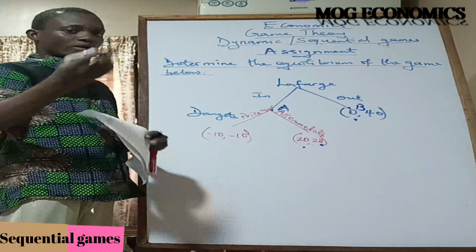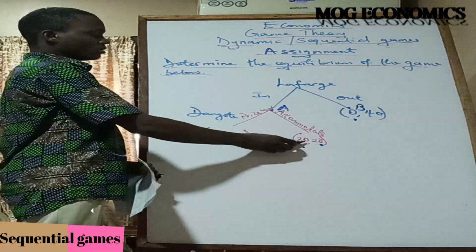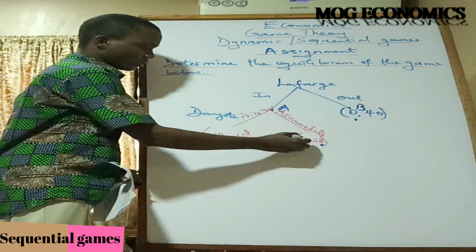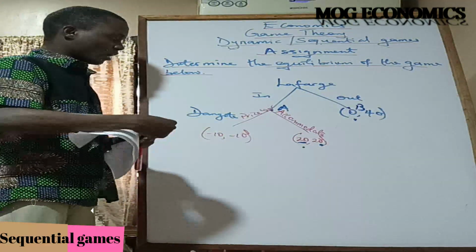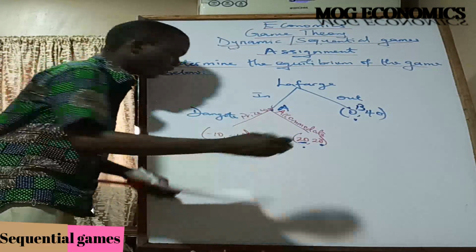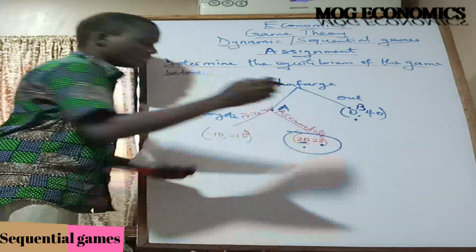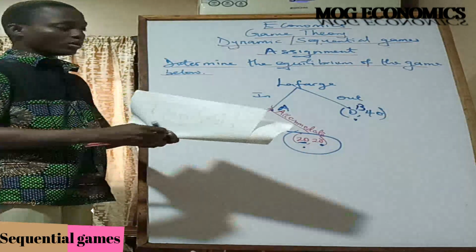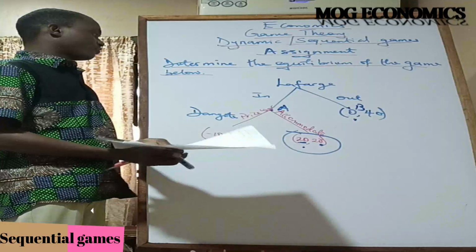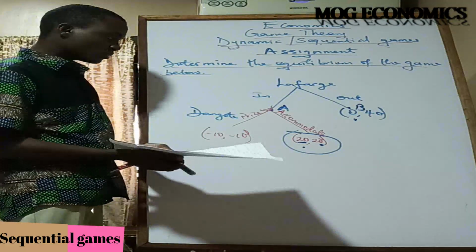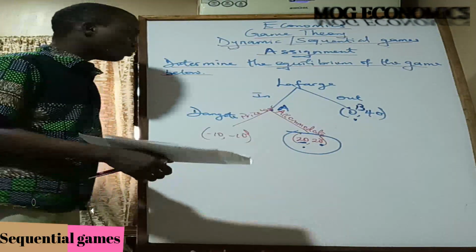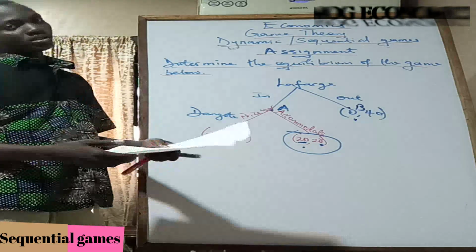So look at it overall. Which one is better? 20 is better than 0, so 20 here. And that is why this whole thing is the equilibrium. The equilibrium is occurring where Lafarge is coming in and Dangote is accommodating it.